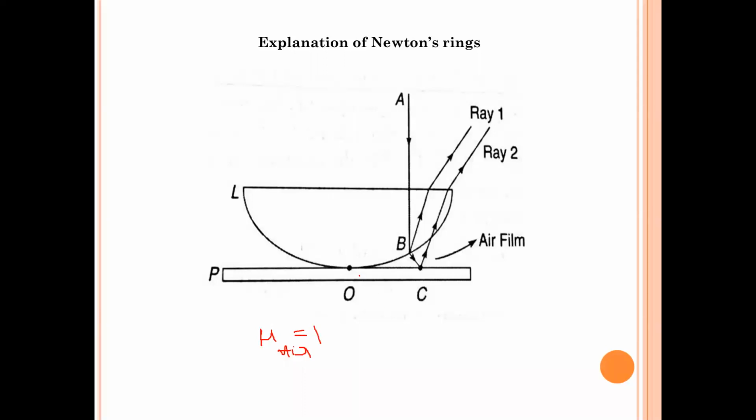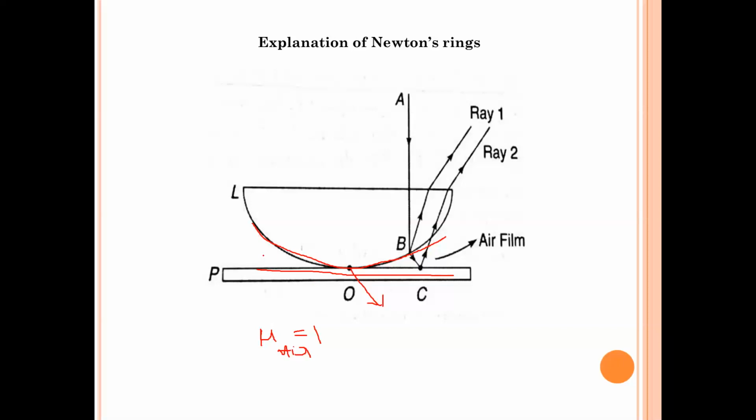And another point is, at the point O, what is the point O? It is the point of contact of the plano convex lens and the plain glass plate. At the point O, there is no air medium. So these are the two main points we discuss here.